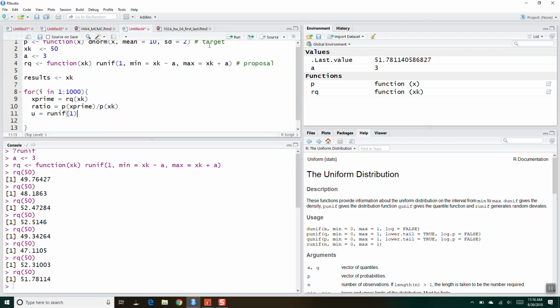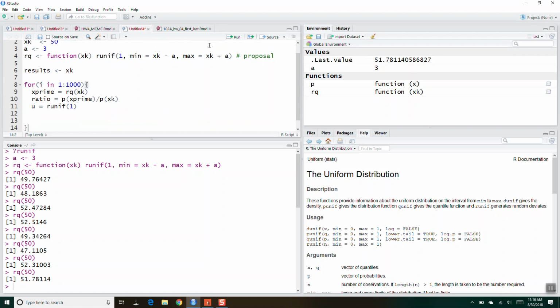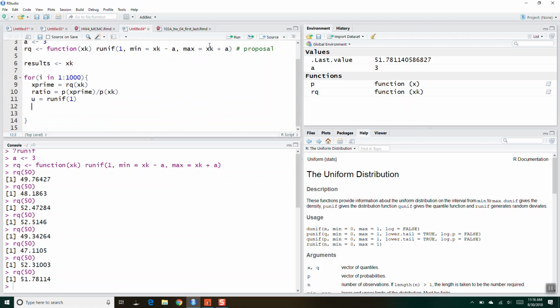And this will be used to decide whether or not to accept, right? So accept is going to be equal to is u less than the ratio. Okay, so accept is a logical value, right?